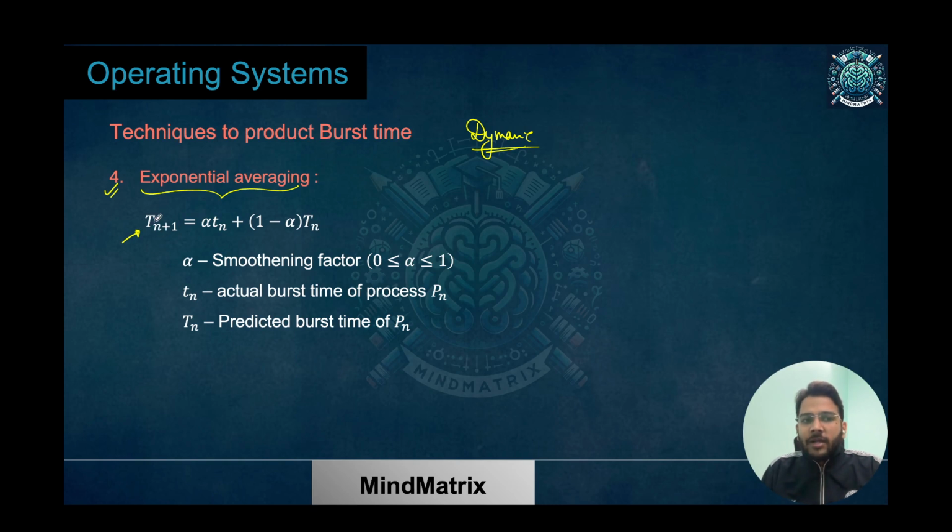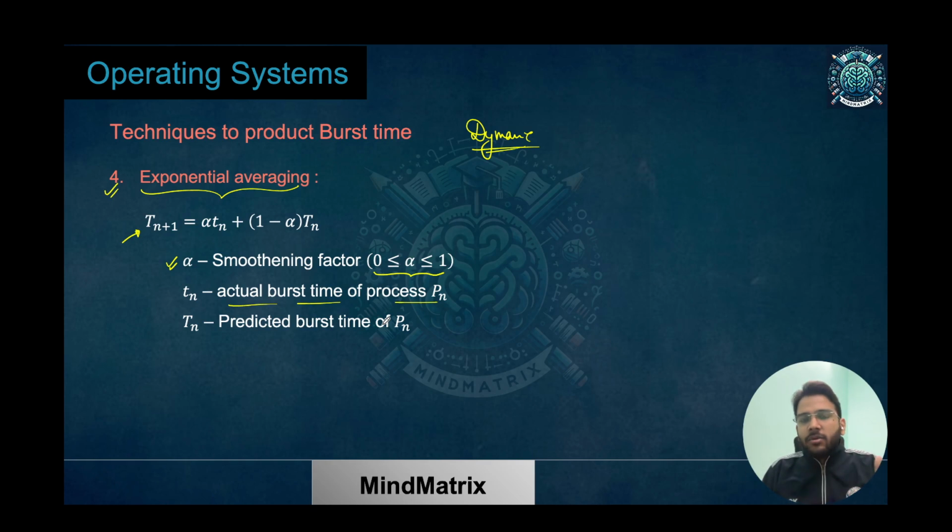So capital T of n plus 1 represents the prediction time of the next process. And here alpha is the smoothing factor, and its value varies from 0 to 1. Okay. Small t of n represents the actual burst time of process Pn. That means the actual burst time of a previously executed process.